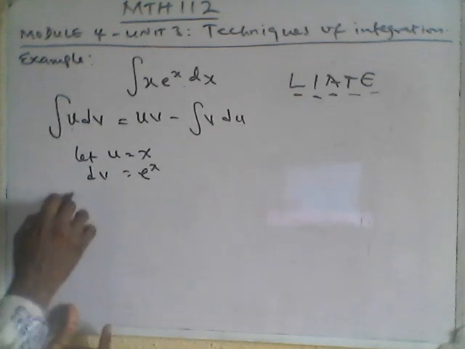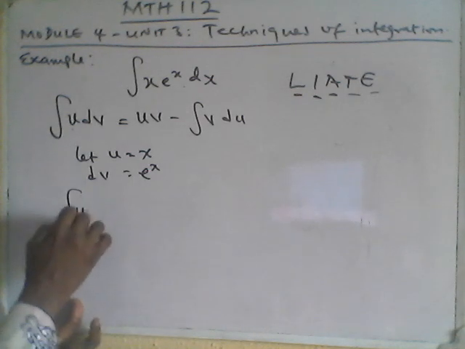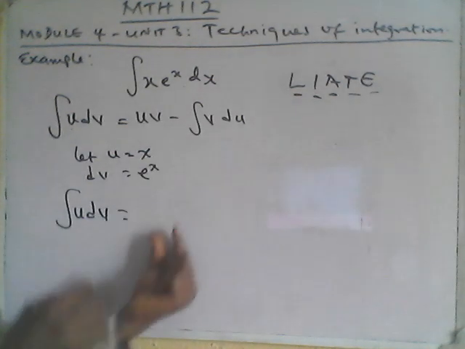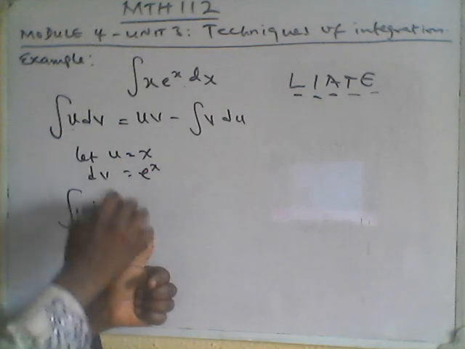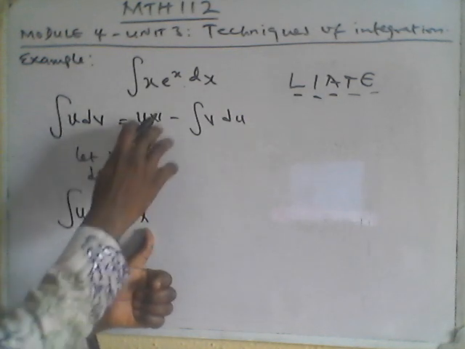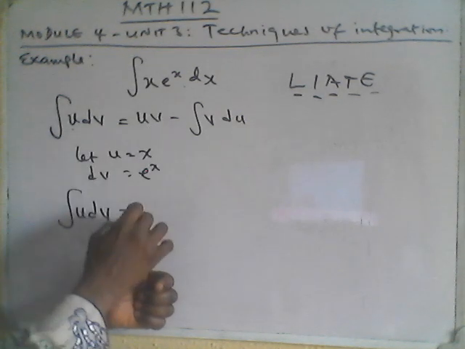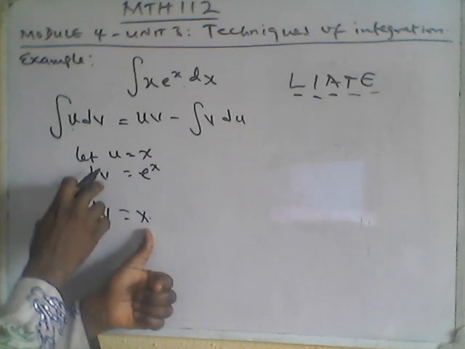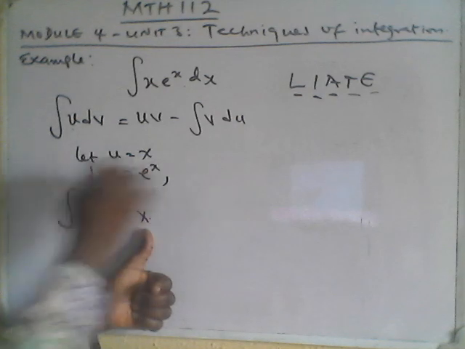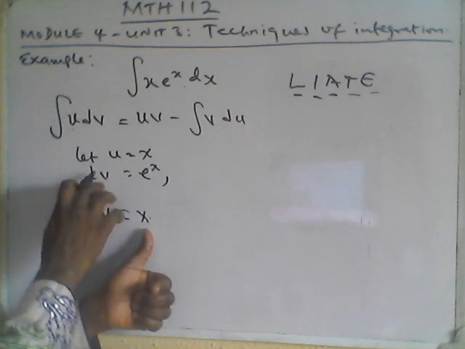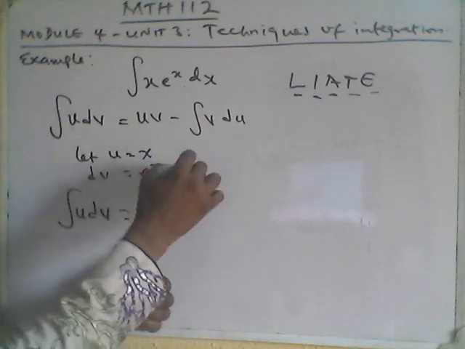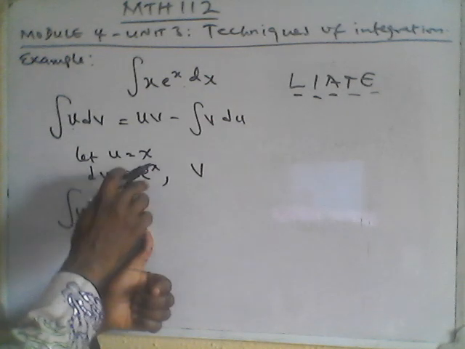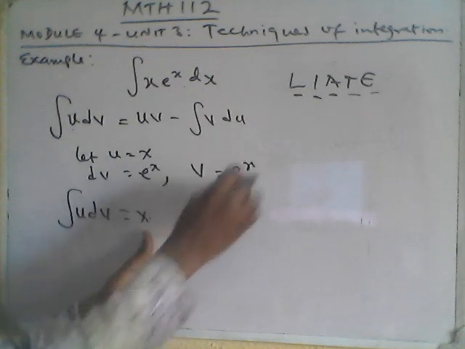So the integral of u dv is, now, what is my u? My u is x, right? And for v, I integrate dv. That is the differential. To get v is to integrate this one. If I integrate this one, I still get exponential x, right?